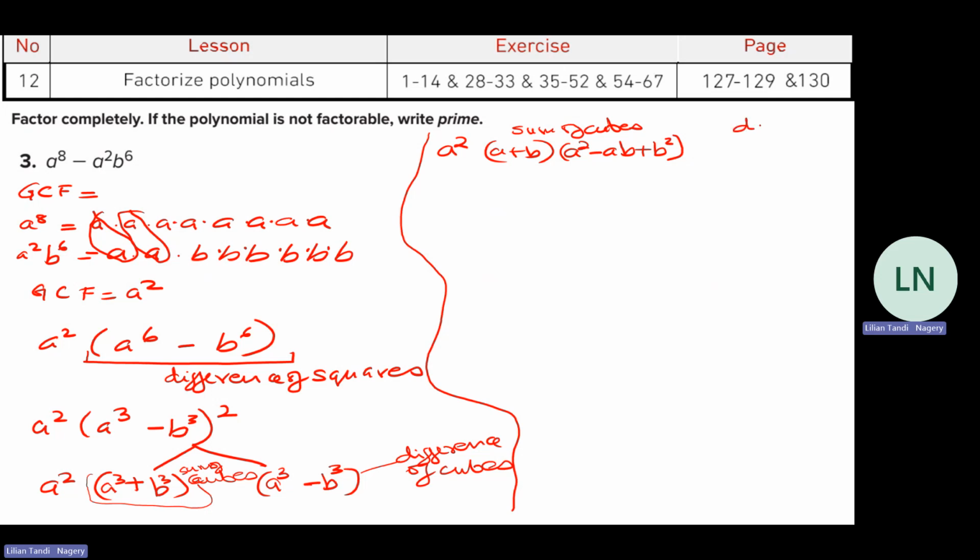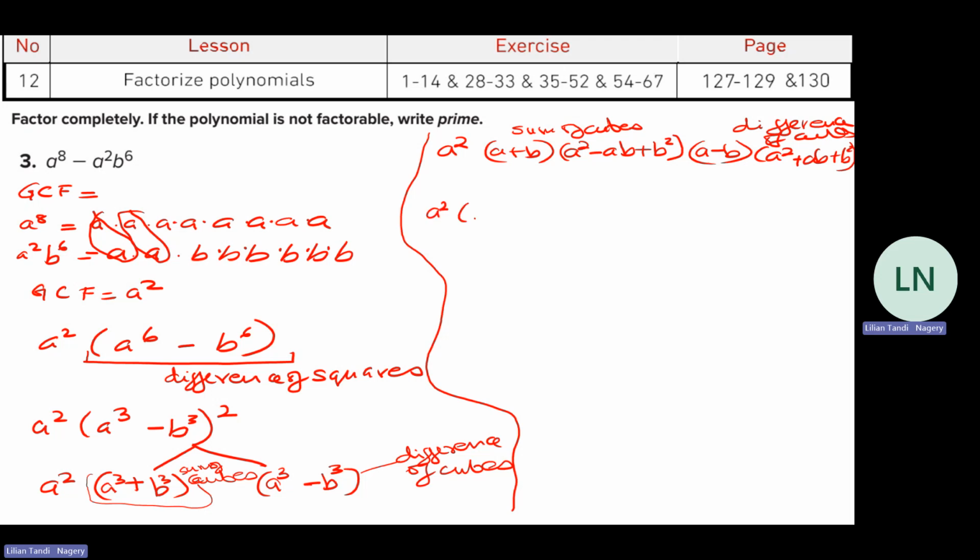And then you're going to do here difference of cubes. The formula says that is a minus b, a squared plus ab plus b squared. Then you're going to write your answer. You can box it here, or you can put these three at the beginning.